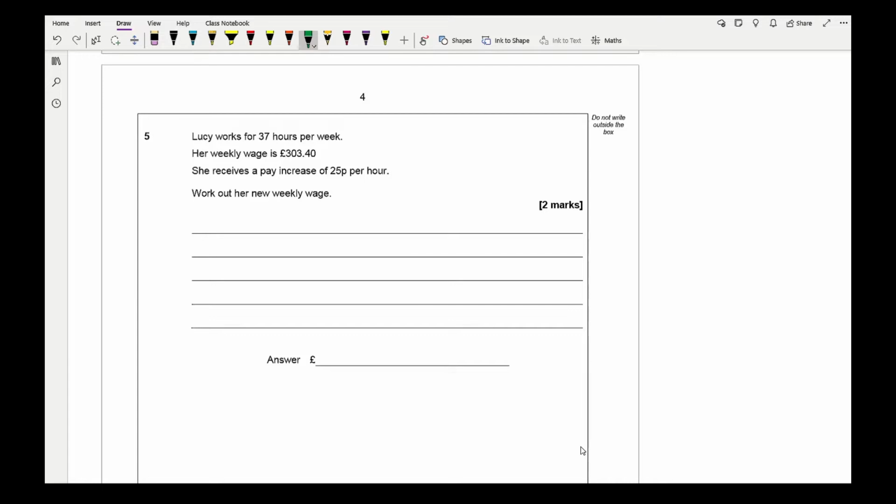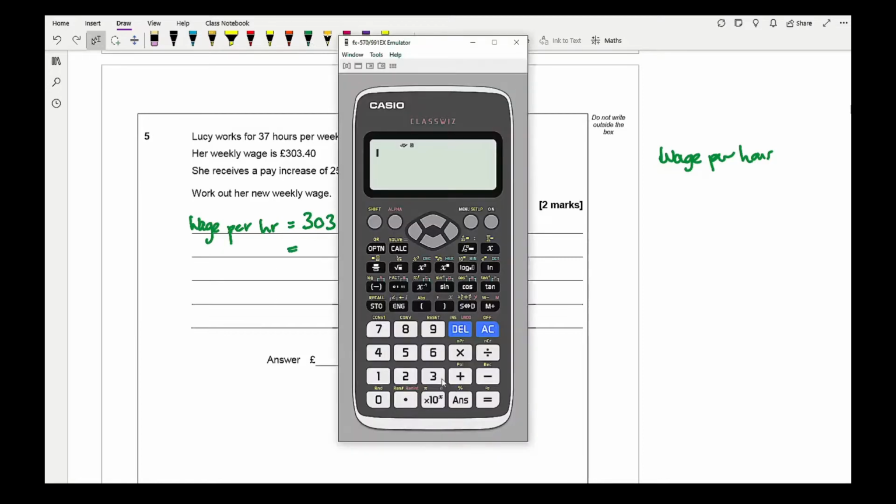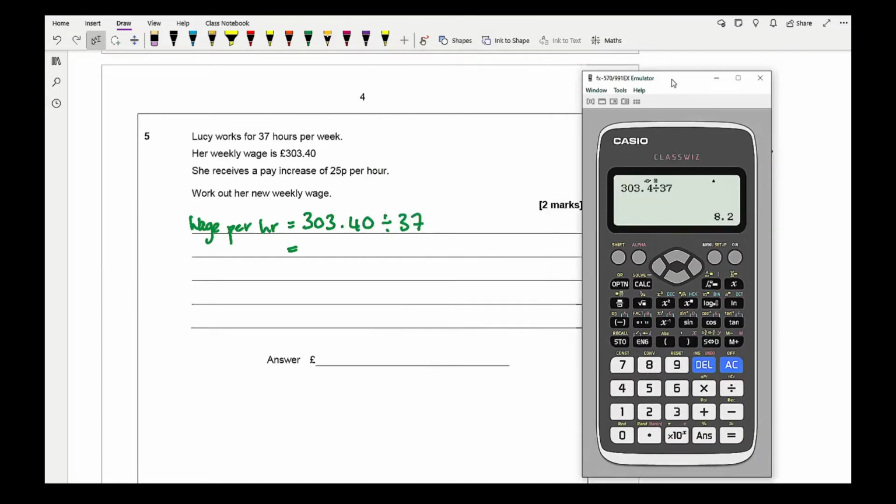So the first thing we need to do is work out how much she earns per hour. So for this, we need to do her wage per hour, and that's going to be 303.40 divided by 37. If I type that into my calculator, 303.4 divided by 37 means that she's getting a wage of £8.20 per hour.